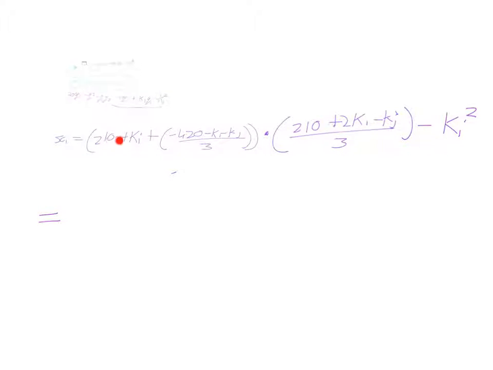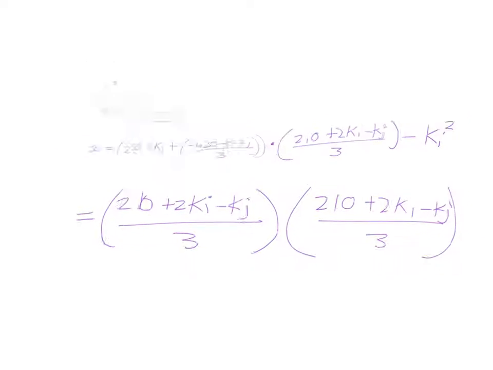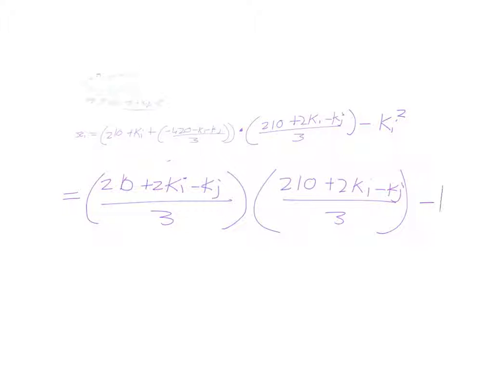So if you multiply this up by 3 and you take the difference, you end up with 2Ki minus Kj on 3 squared.